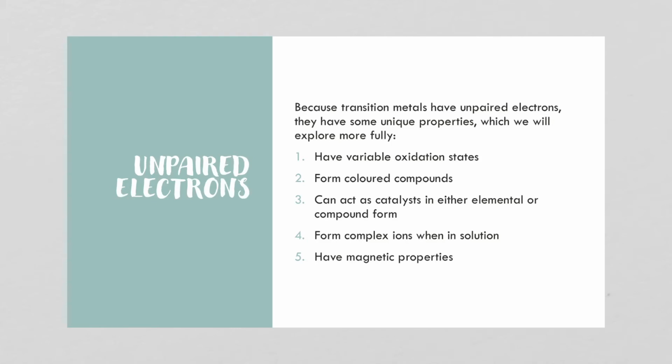That's due to something known as D-level splitting. They can also act as catalysts in either elemental or compound form. They form complex ions when they're in solution, and they have magnetic properties. Some of these we'll take a look at during this video, and the magnetic property ones for sure, we'll save for our lesson on magnetism.